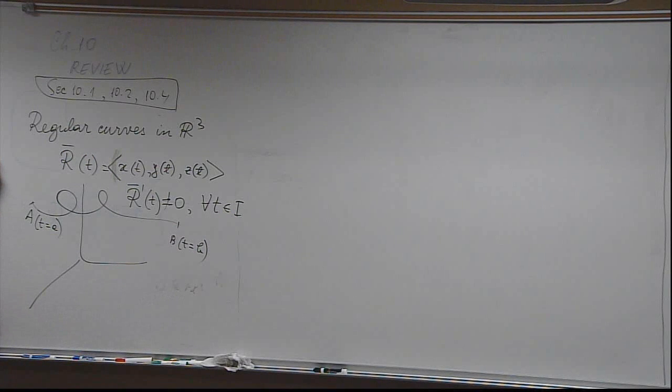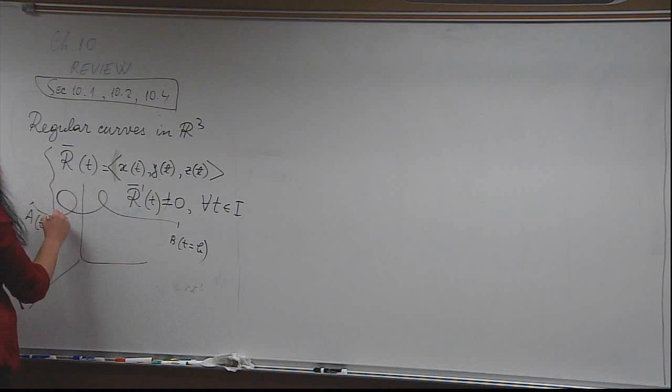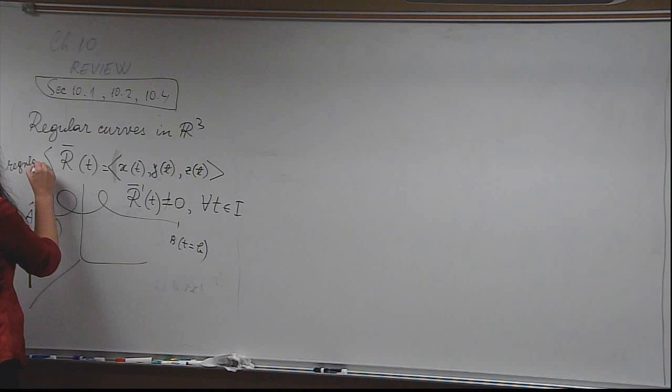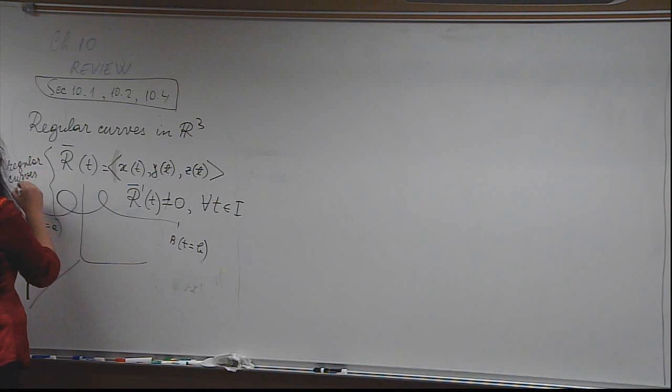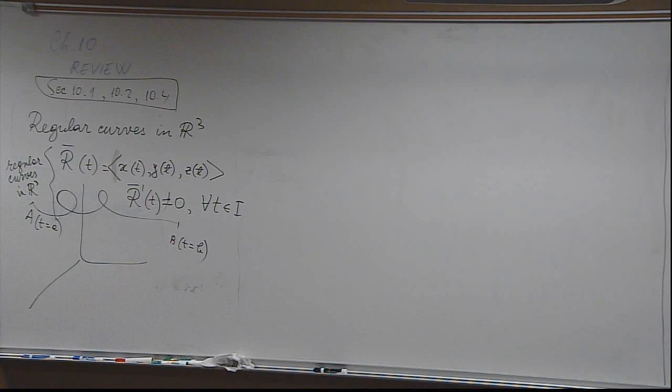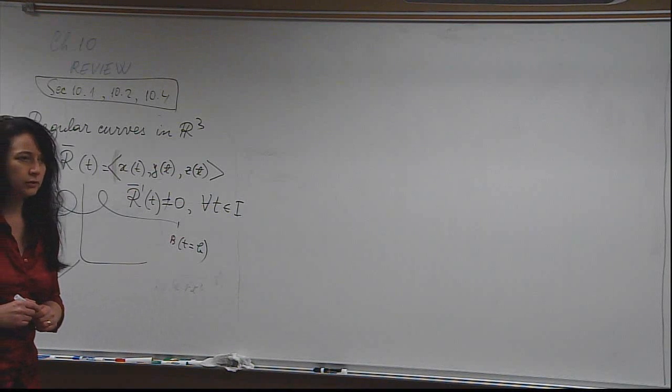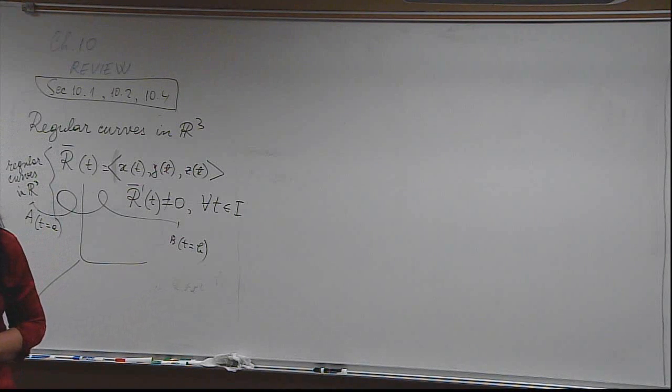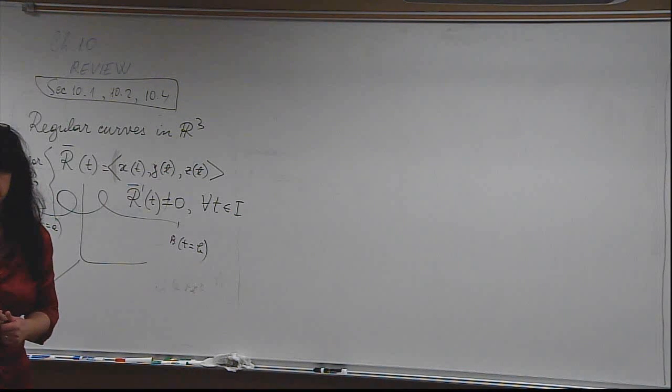That's a regular curve, something we talked about at least 5 times. The point is, how do we see the backwards process? That means if somebody gives you the velocity of a vector curve, they ask you for the position vector.